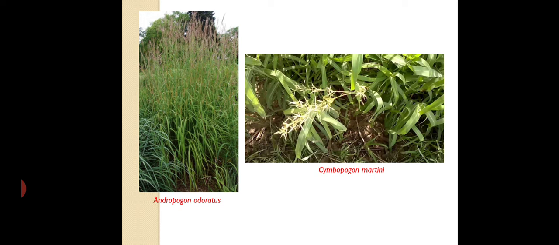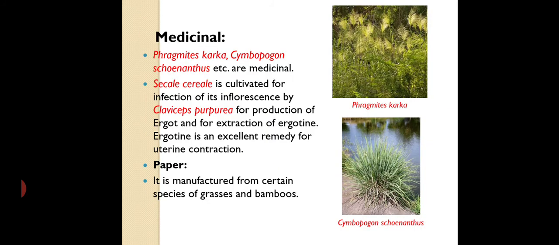Then Cymbopogon martini, and some of them are medicinal, for example Phragmites karka, and Cymbopogon schoenanthus. These have medicinal properties. Then Secale cereale is cultivated for infection of its inflorescence by Claviceps purpurea, for the production of ergot.